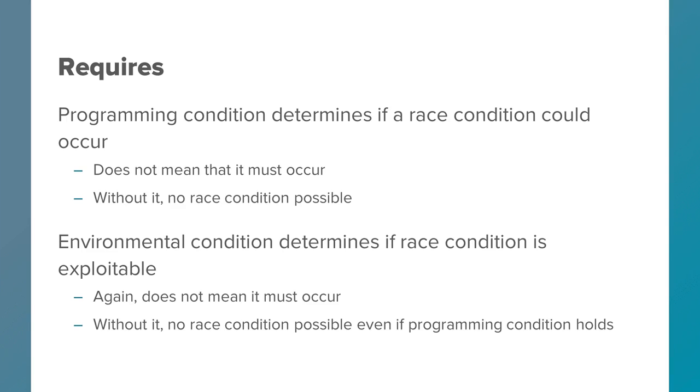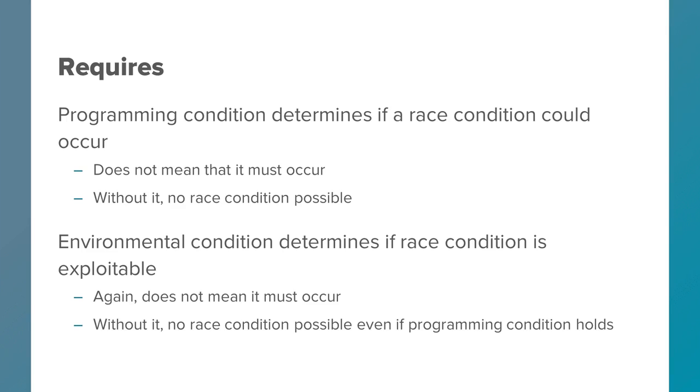In order to be able to exploit this, you need to be able to change the binding of objects and names. So that means there has to be an environmental condition where an untrusted user can do that swapping. As with the programming condition, if the user can do that swapping, it doesn't mean a race condition is occurring. It may be that the program doesn't have that window. The programming condition doesn't hold, in which case, who cares?